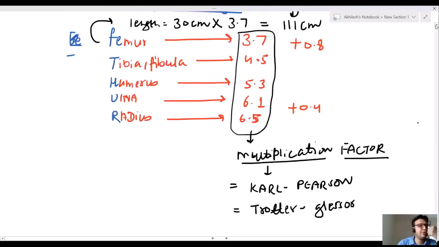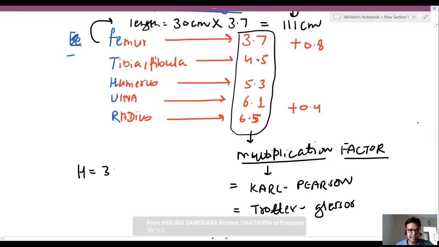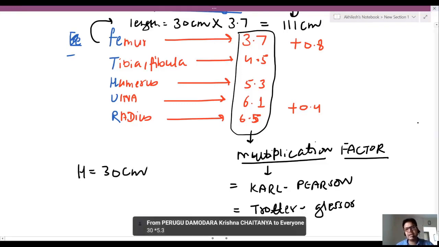Now I am asking one question, write down. One numerical: if you found a humerus bone, length 30 centimeter, what is the stature of the person?